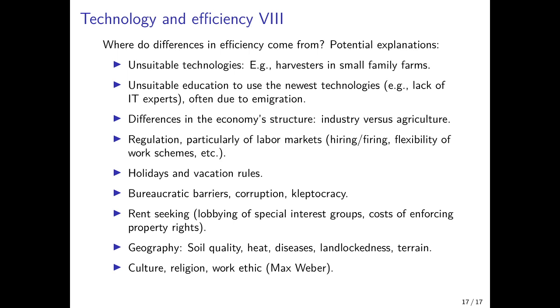So overall, to summarize, we can now explain the rest, the factor of 5 in low-income countries and high-income countries by differences in productivity. And we can derive then a range of plausible differences in terms of technology and efficiency that explain the differences in productivity that we observe between high income and low income countries.